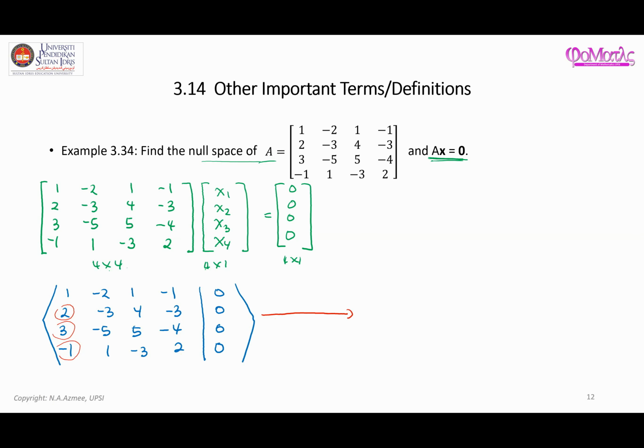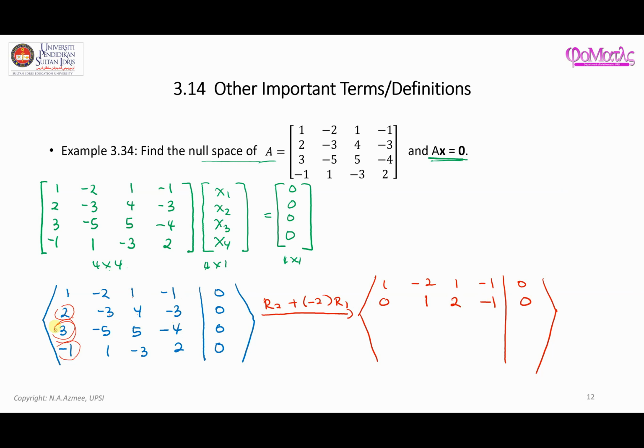Therefore, first of all, for this one here, second row plus negative 2 times the first row. The result that I get is 2 times negative 2 is 0, negative 3 plus 4 is 1, 4 minus 2 is 2, negative 3 plus 2 is negative 1, and this is going to be 0.